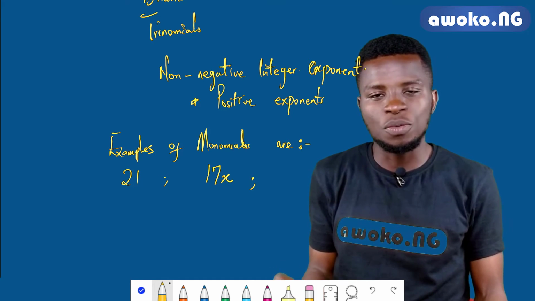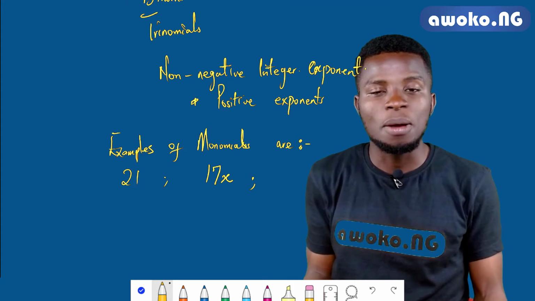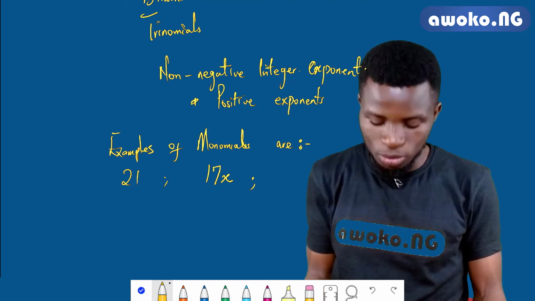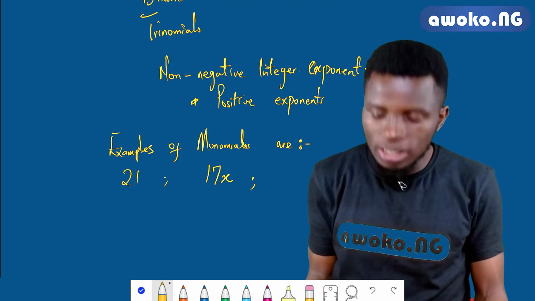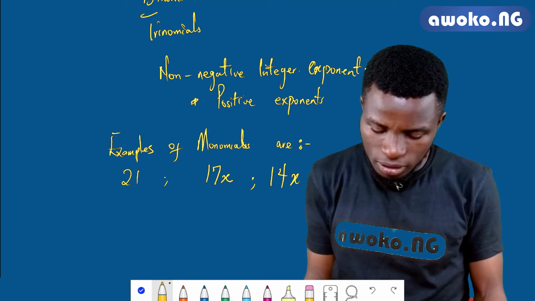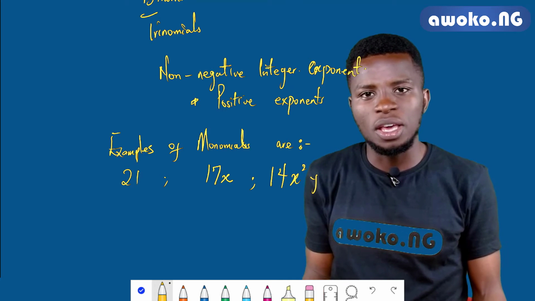Of course, from what we said earlier, monomials can easily be identified by having a single term. So 21 is a single term, 17x is a single term, and another example is 14x squared y. It's also an example of a monomial.